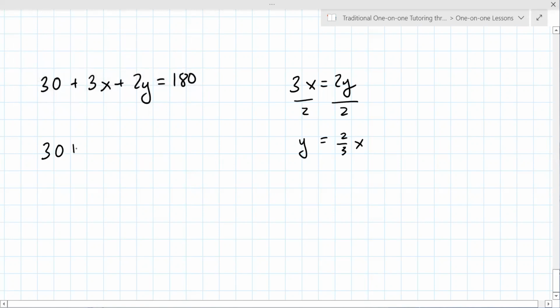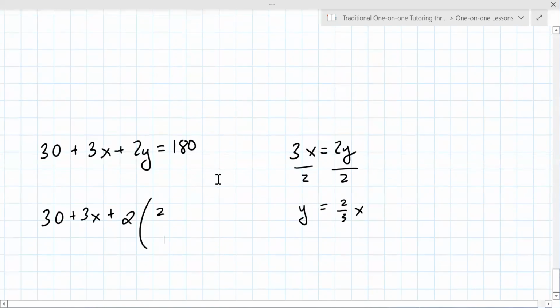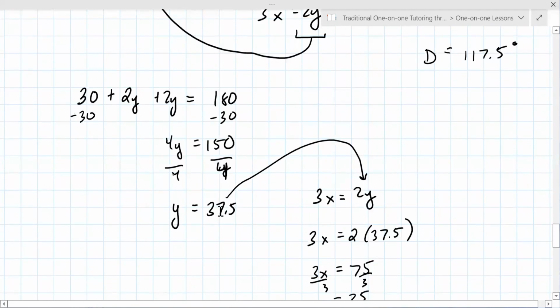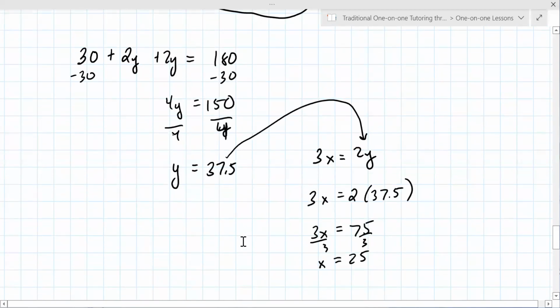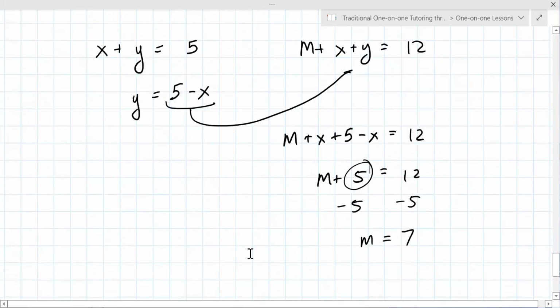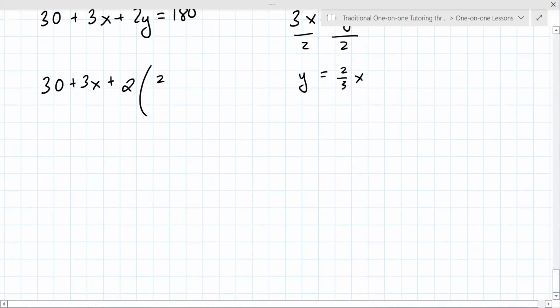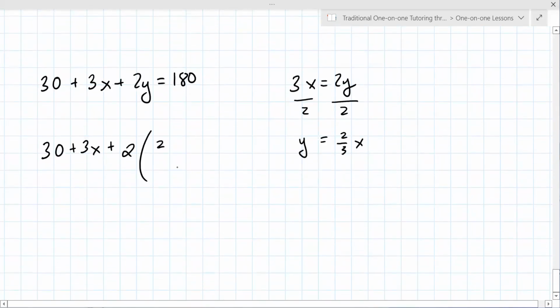So 30 plus 3x plus 2 times, did I do this right? Sorry, let me just go back up and look. 3x equals 2y. Is that what we said? Yeah, okay. There it is. Sorry, the numbers aren't going to work out nicely. So y is really 2/3 x.